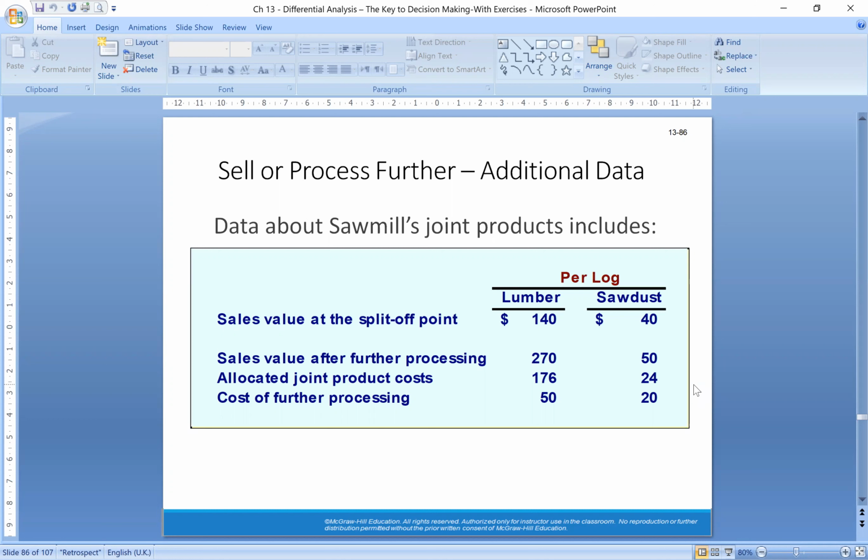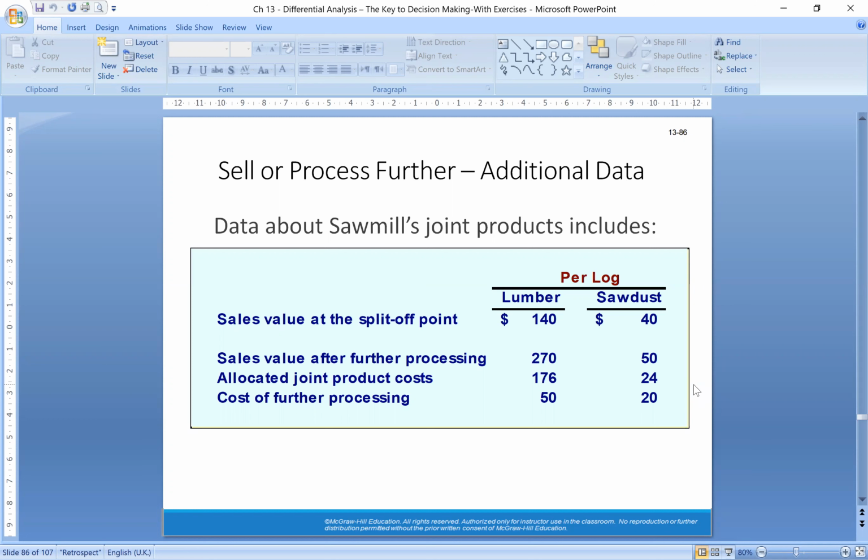We can sell the sawdust after processing for 50, but before processing for 40. Allocated joint costs are 176 for the lumber and 25 for the sawdust. Cost of further processing is 50 for the lumber and 20 for the sawdust.